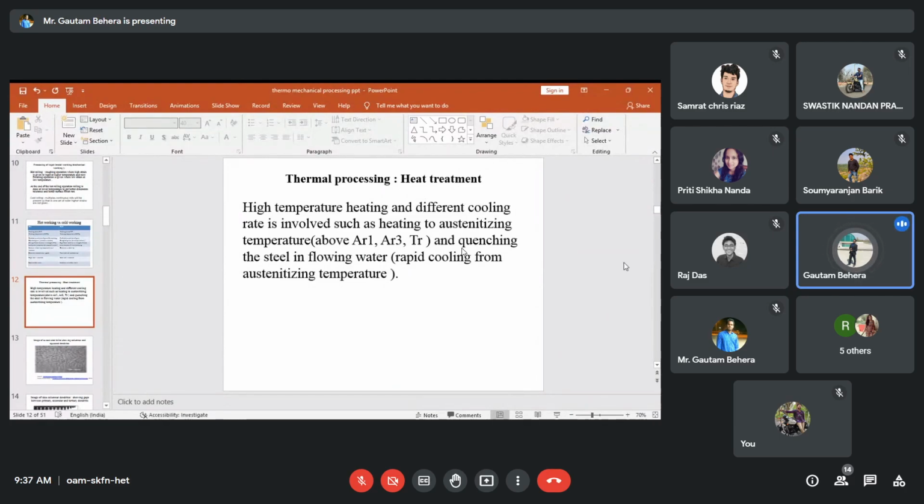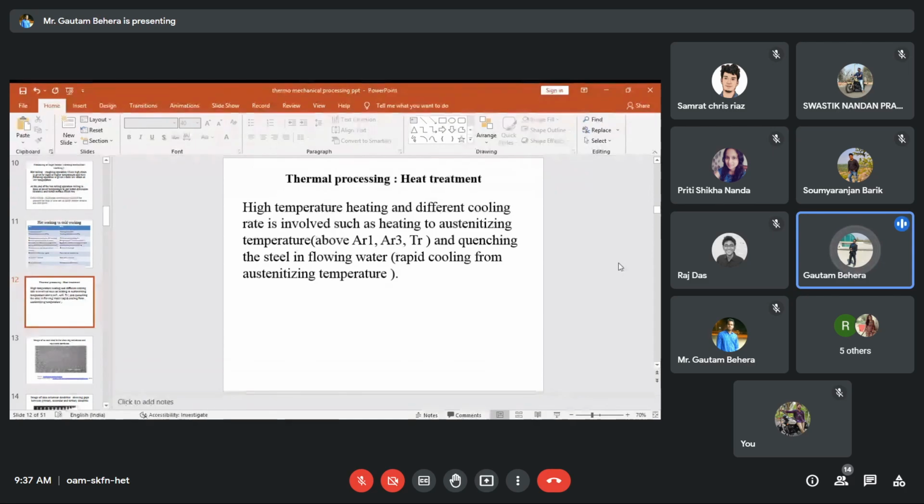So thermal processing is basically heat treatment. Already you have gone through that course. You know the objectives of heat treatment. If you want to recall, we can modify the grain structure and the properties, like ductility, strength, toughness. If you want a coarser grain, we can get a coarser grain; if you want a finer grain, we can get a finer grain.